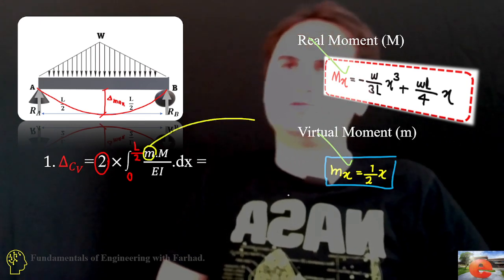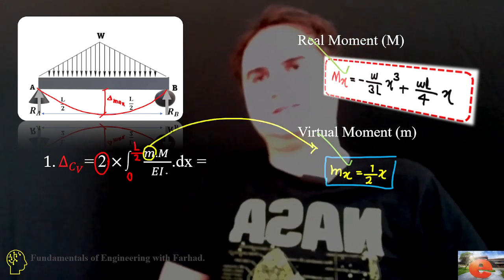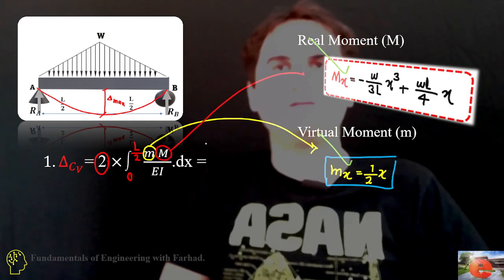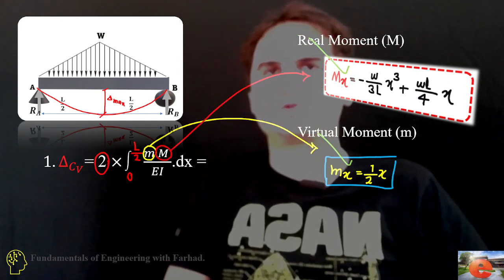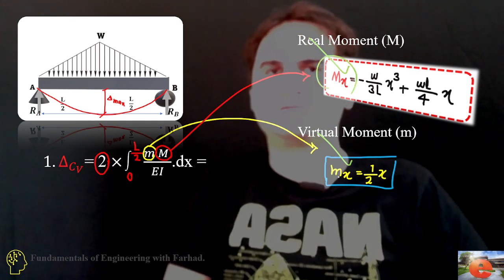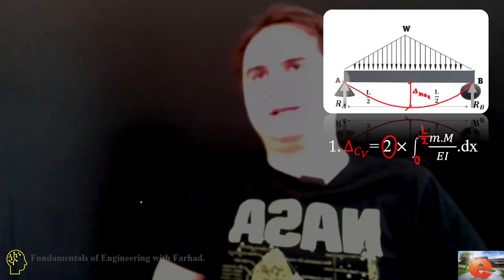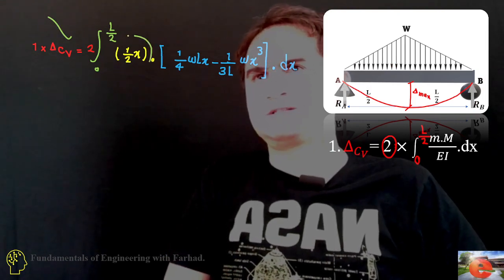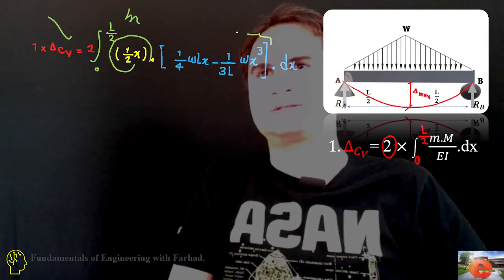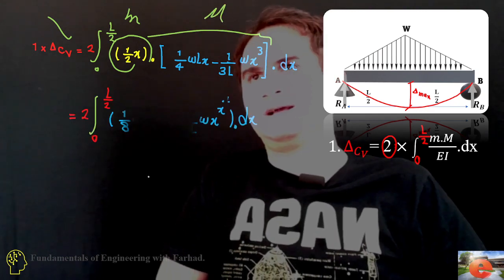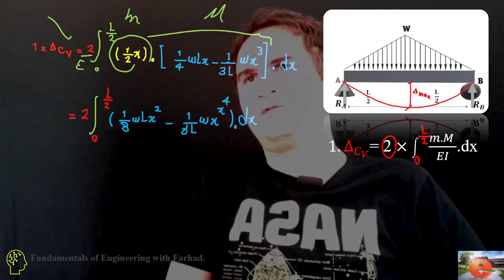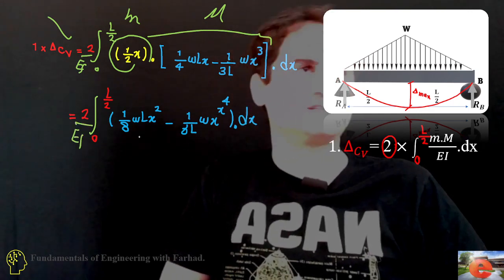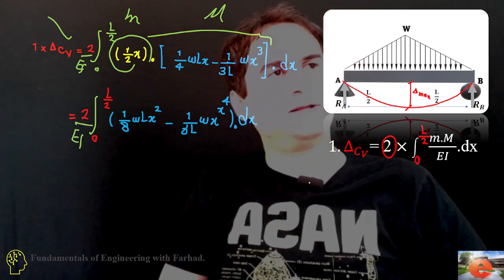Capital M goes by the real moment and small m goes by the virtual one. Replacing them in the integration, don't forget EI, a constant, shows up in the denominator.